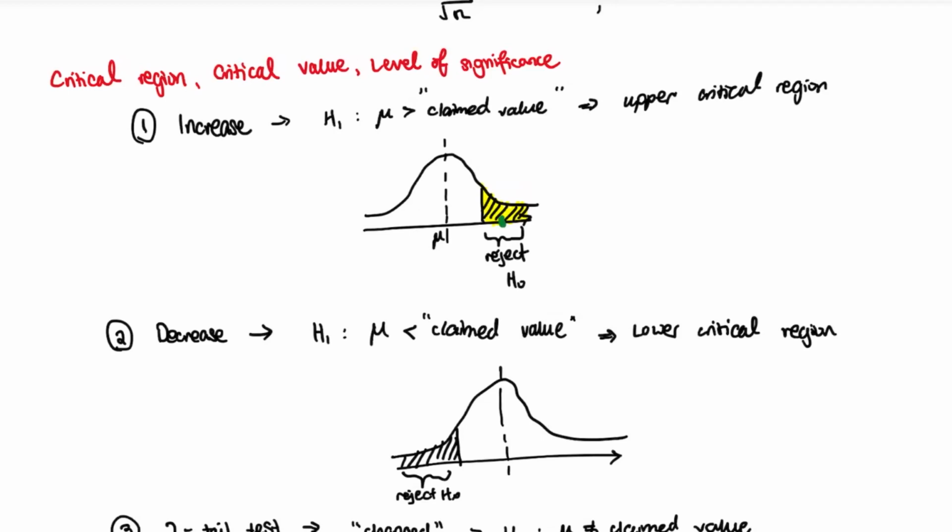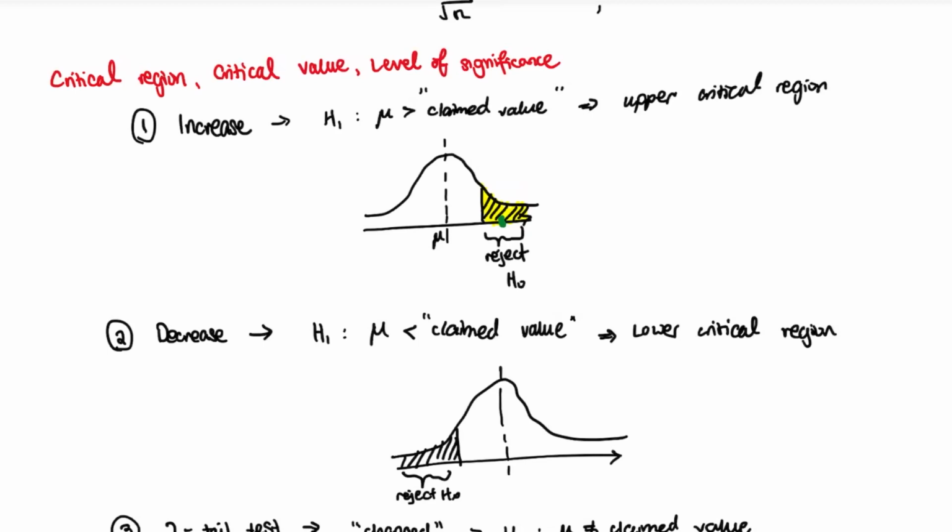Because it lies inside the critical region, we would have to reject our null hypothesis. Remember, we are looking at the area. The p-value gives you the area of that curve part, so if the p-value area is lesser than the level of significance, we would have to reject.